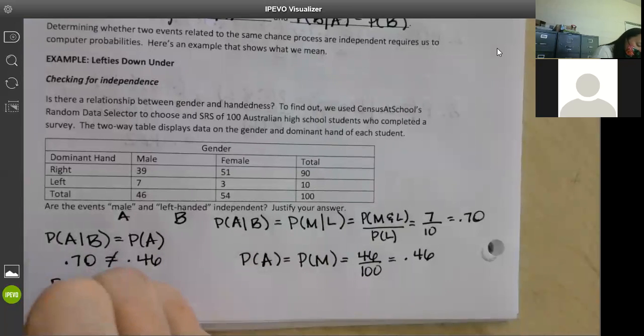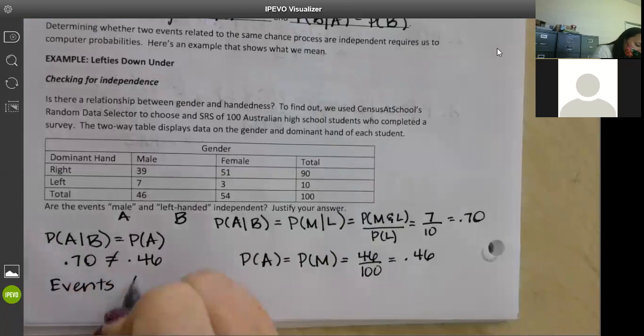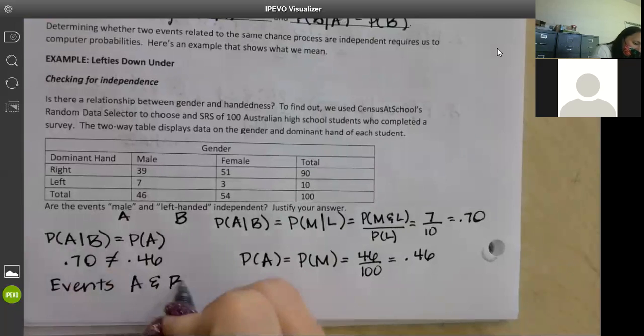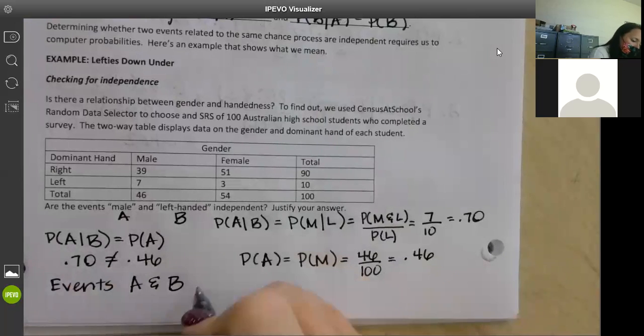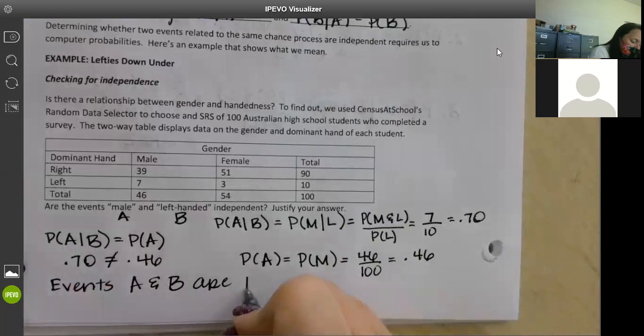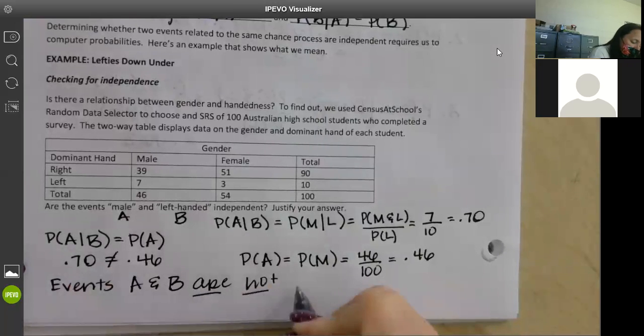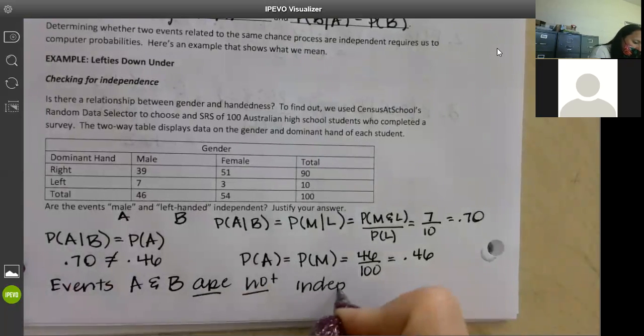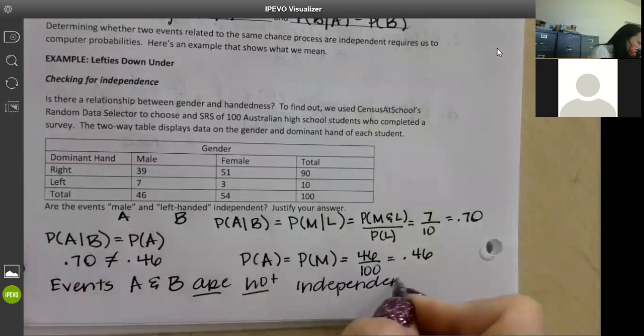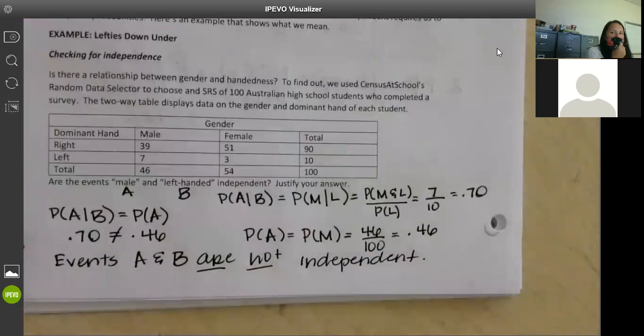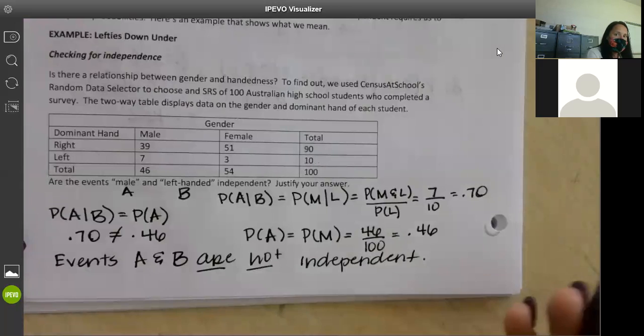So event A and B, male and left-handed, are not independent. So what does that mean?